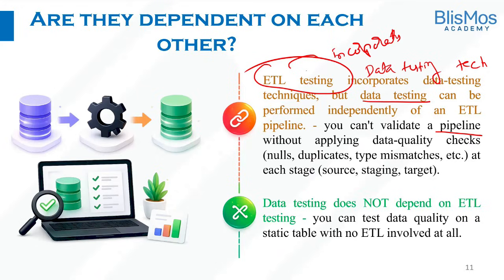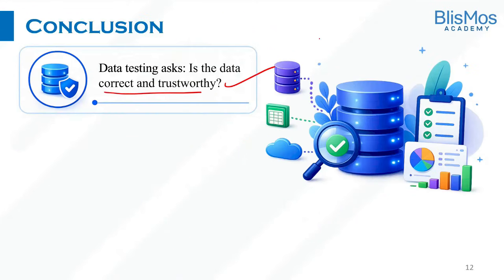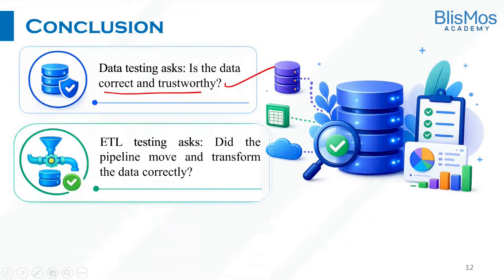So after all these discussions, let us conclude with a summary. Data testing asks, is the data correct and trustworthy? ETL testing asks, did the pipeline move and transform the data correctly?